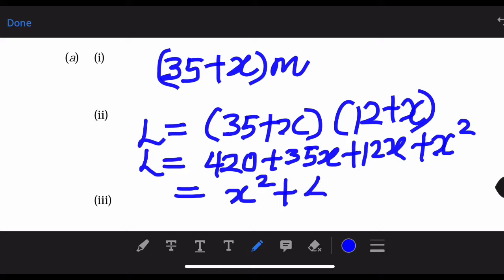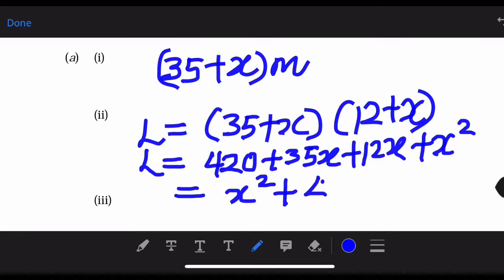Arc length KL. So that means it cannot be more than 26.71, the maximum arc length. KL is 26.71 meter.